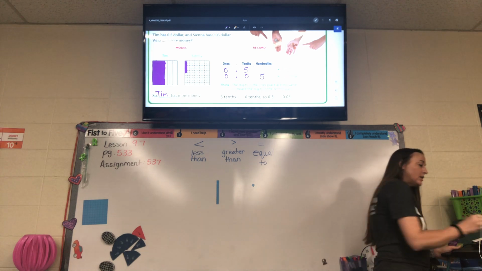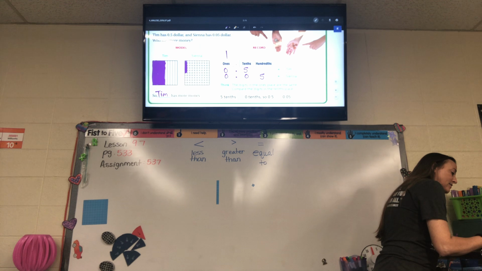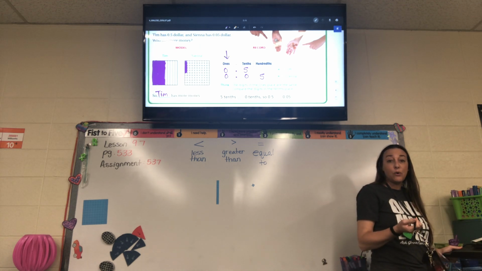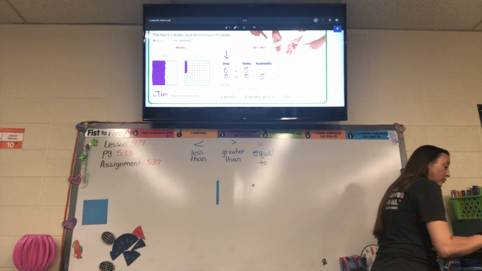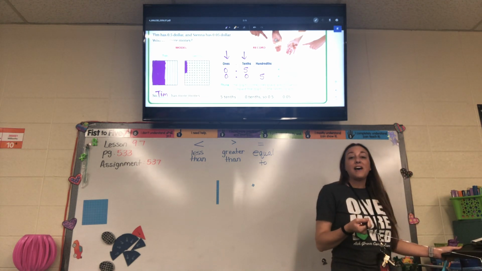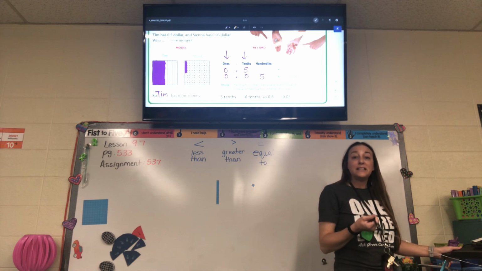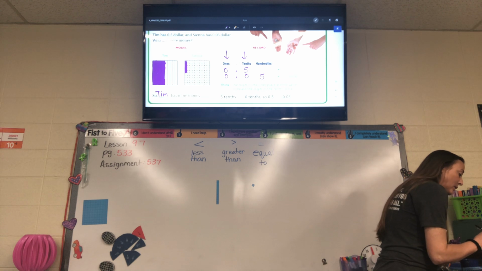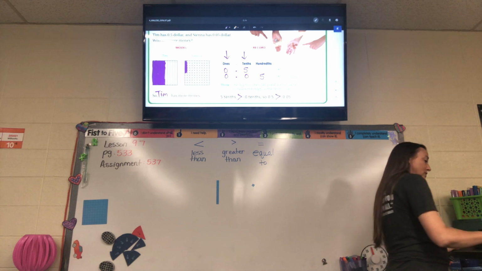So now we start using the place value. We start with the ones place. They both have 0 whole dollars, so we move on to the tenths place. Tim has 5 tenths, Sienna has 0 tenths, so that automatically means that Tim has more. 5 tenths is greater than 0 tenths, so 5 tenths is greater than 5 hundredths.